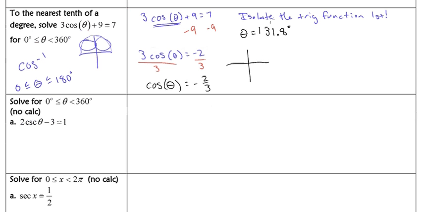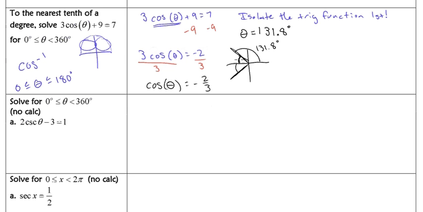All right, now let's think through that for a second. That is at 131.8 degrees, somewhere over here. But we need to know what the reference angle is, so that we can also find where else cosine would be equal to negative 2/3. It's outside of our domain, but we would also have negative 2/3 right here.